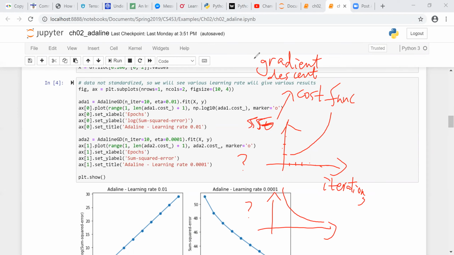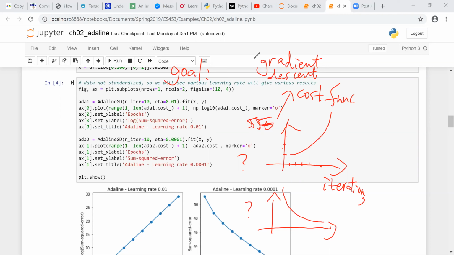You just guess based on what we just learned. Can you kind of guess? Think about what is our goal here. Gradient descent, what is the gradient descent goal? The gradient descent goal is what?